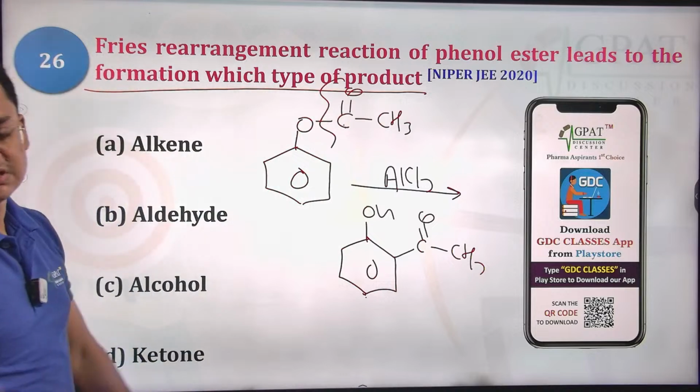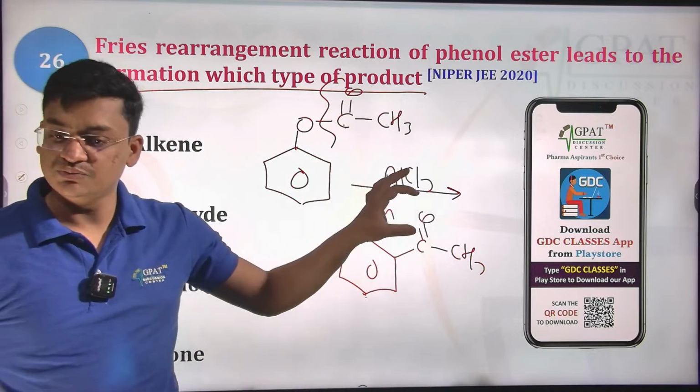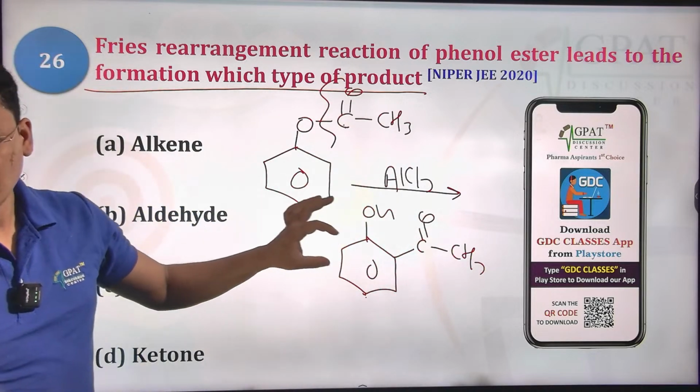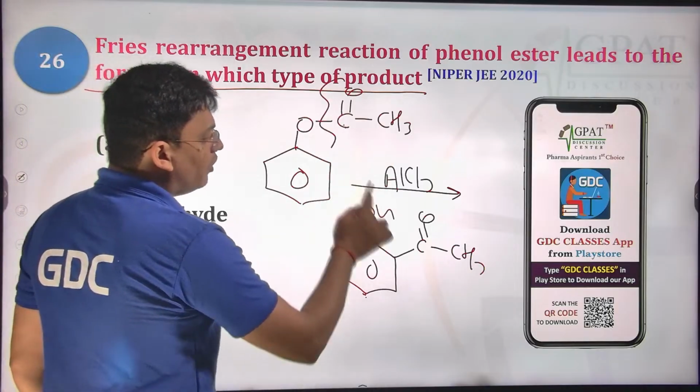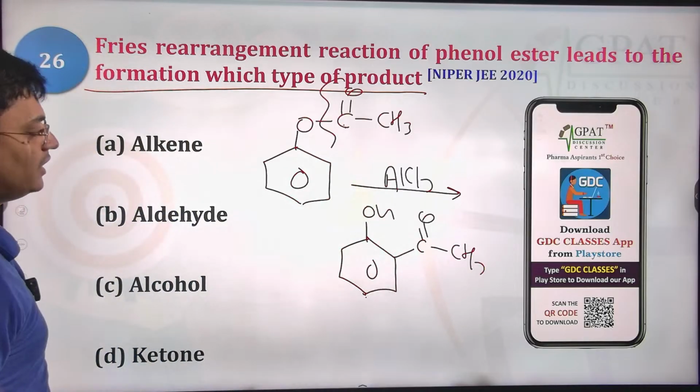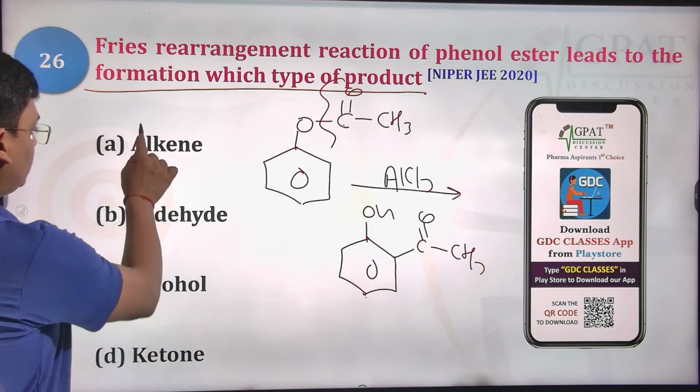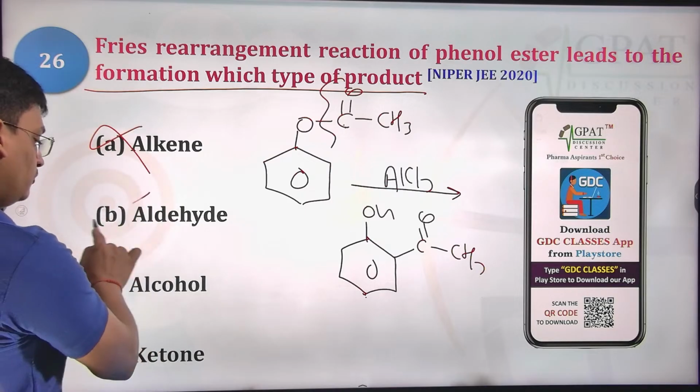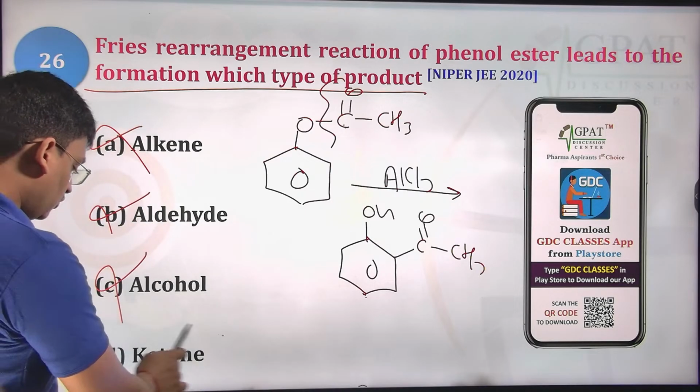The possibilities for ortho and para position attack are both. So what product are you going to see? Alkene, not at all possible. Aldehyde, no. Alcohol, no. It will be ketone.